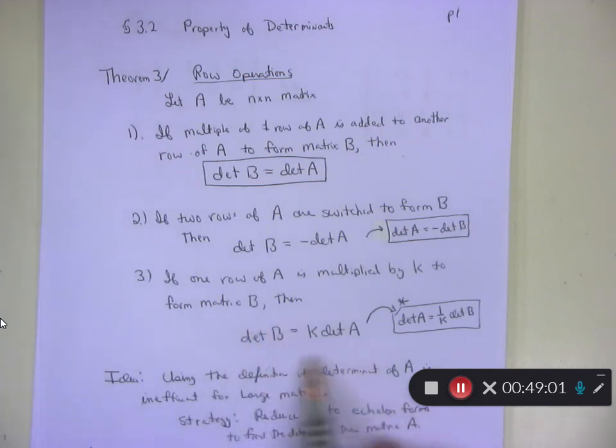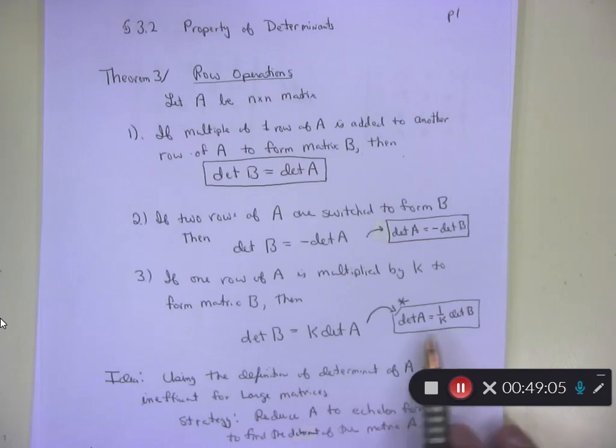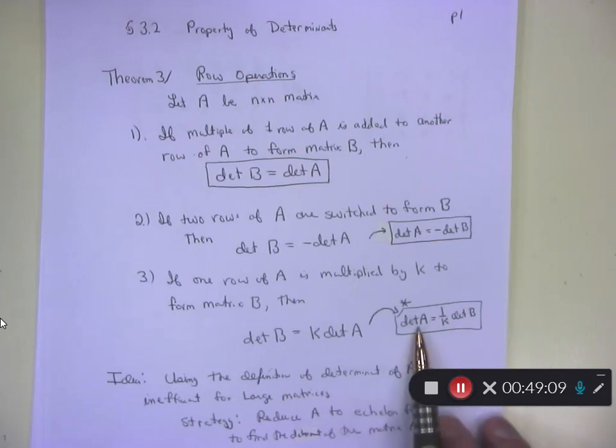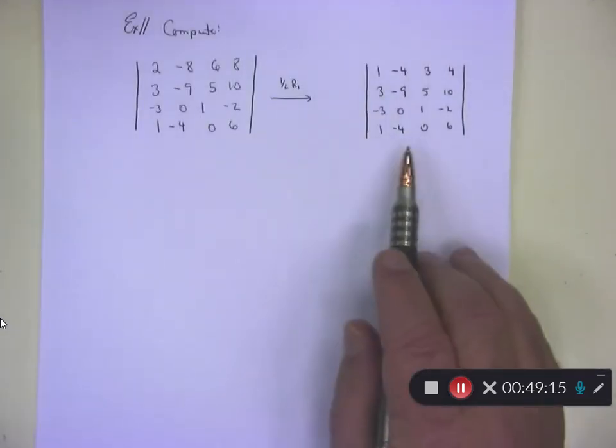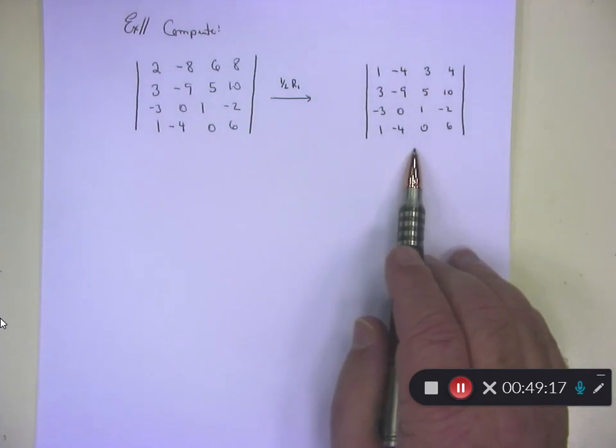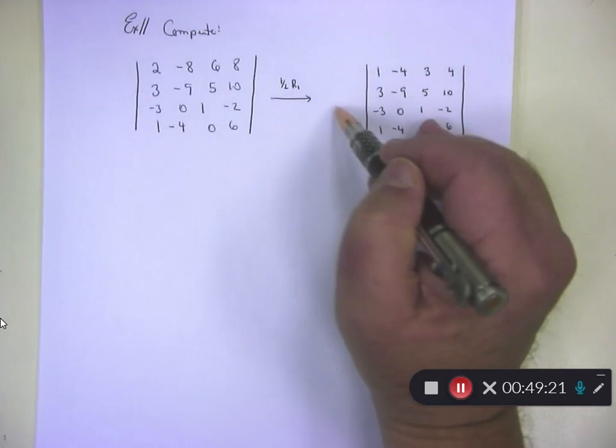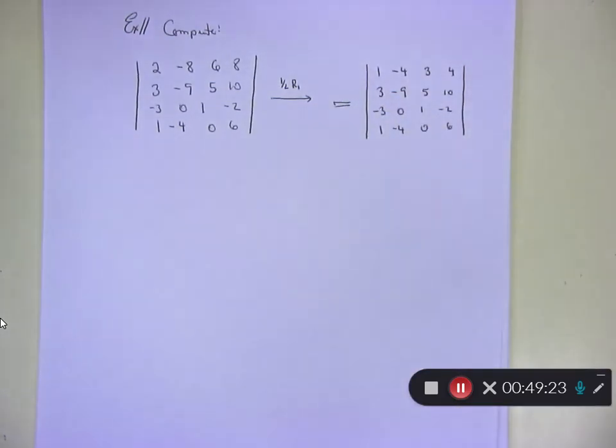This is the way they wrote it in the book, but I'm writing it for you this way, because we're always after the determinant of the original matrix. The determinant of the original matrix is going to be 1/k times the determinant of the new matrix. This is the new matrix, right? So, what am I going to have to get out here to actually make sure that the determinants are equal to each other?